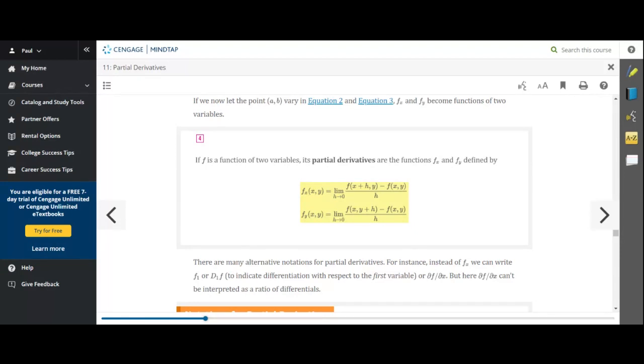For the partial derivative with respect to y, you hold x constant and find the slope of the tangent line with respect to y. That's really what you're doing geometrically.